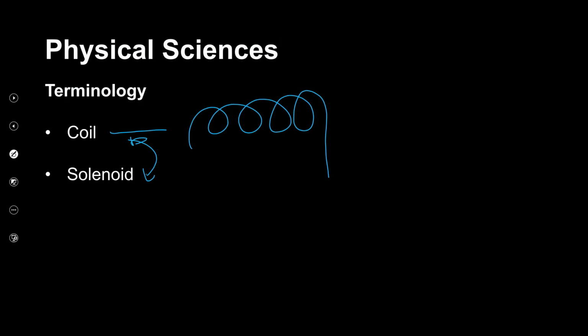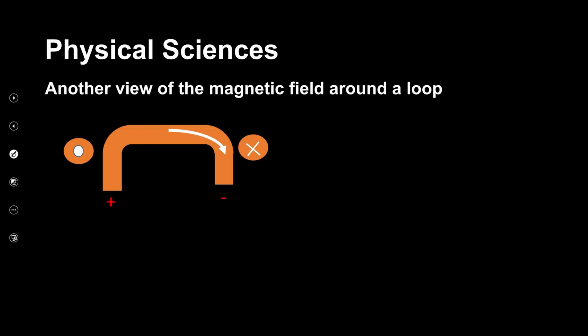Now, the reason we're looking at this idea of a coil or a solenoid is we started by looking at the magnetic field around a loop.